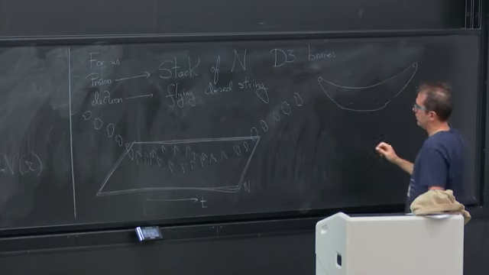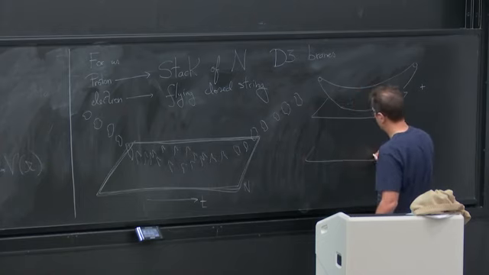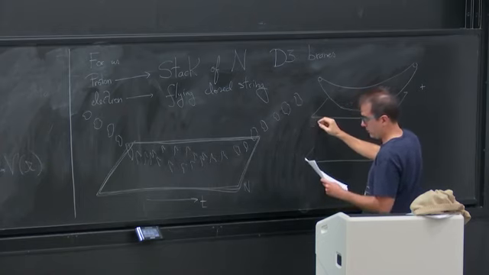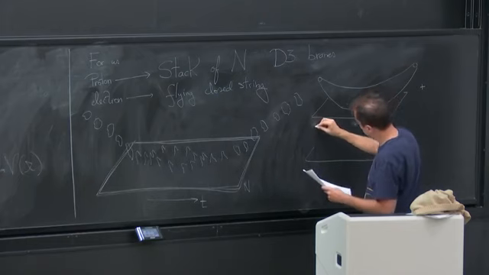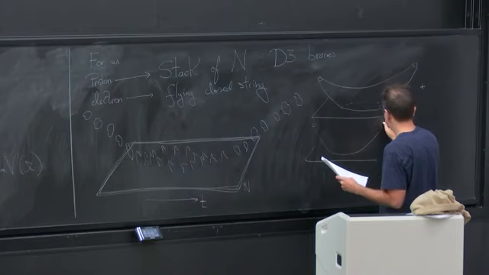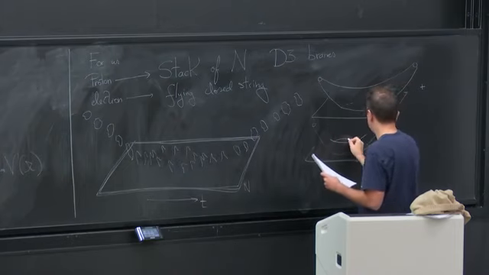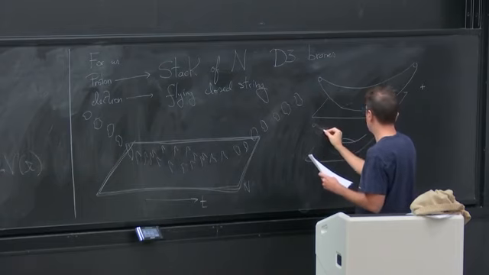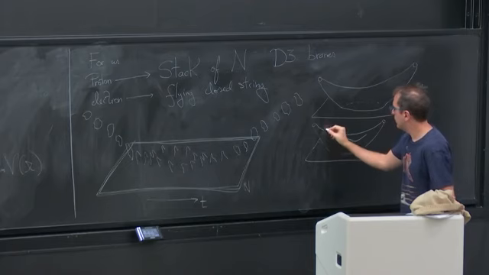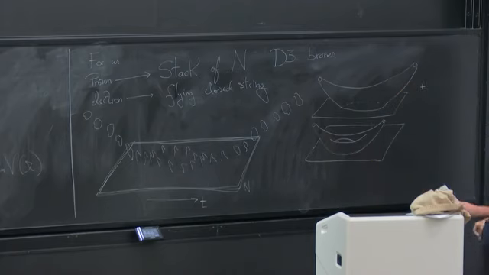Plus, another possibility is the string comes. It draws something more similar to this. It interacts here, and it goes out. But here, if I can draw it, it's something like what I drew the other day. You see, so there is this. Right?